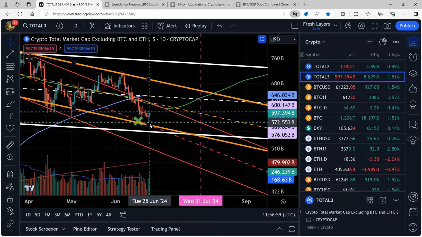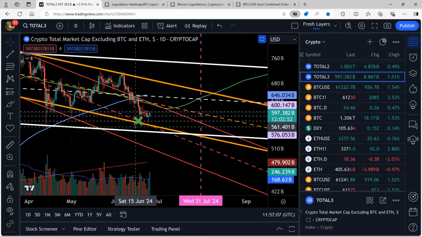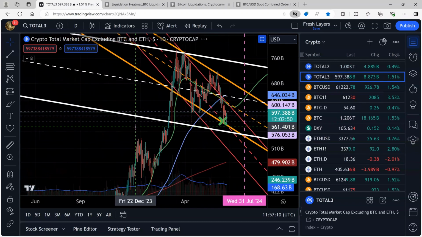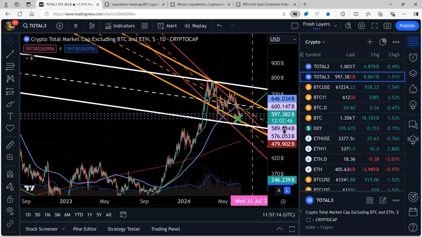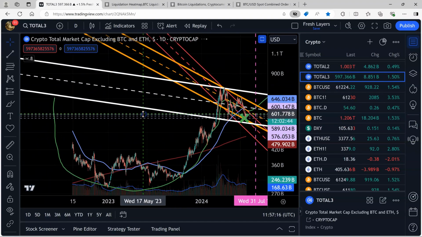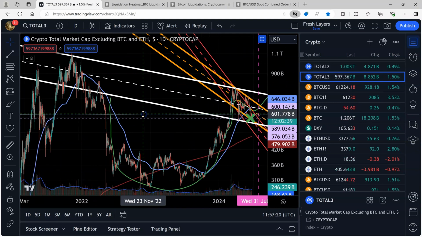We've come down to the bottom of the channel, and now we should go back up to the top of the channel, maybe possibly break out one of these times, because that white channel is a longer term channel. And it does even go back to there.